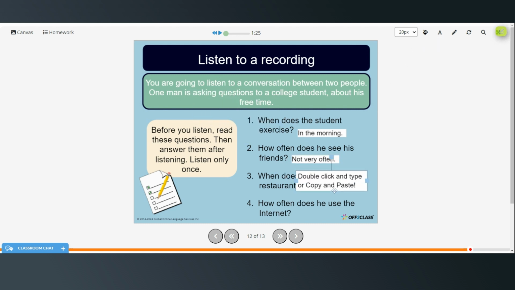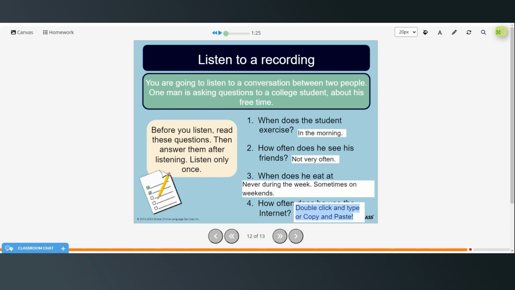He said never during the week, but sometimes on weekends. And how often does he use the internet? He uses it daily for work.